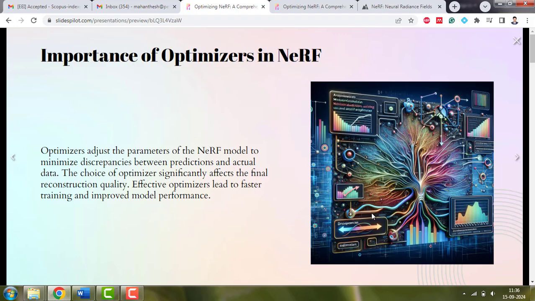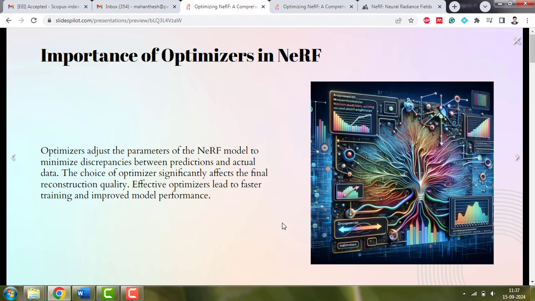So let's check why we need optimizers in NeRF. There is enough mathematical background to it, but the role of optimizers in the NeRF model is to minimize the discrepancies between predictions and actual data. The choice of optimizer significantly affects the final reconstruction quality.